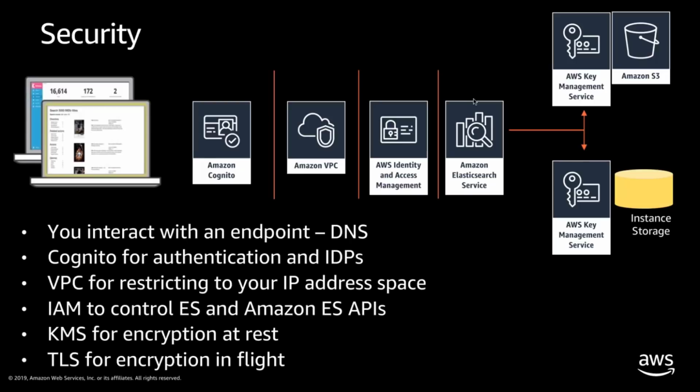At the top level, we have Cognito integration. This allows you to create a login experience. Actually, Cognito creates the login experience for Kibana itself, and you can hook it up to your federated identity provider. You create a user and identity pool in Cognito. Based on that, you assign IAM roles when those people log in via Kibana, and then that controls their access.